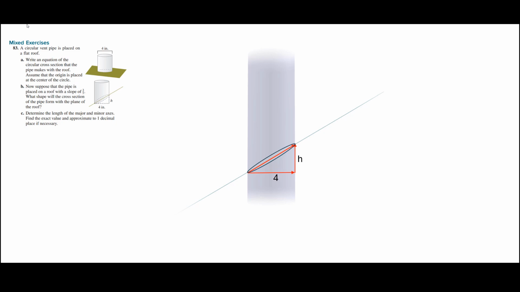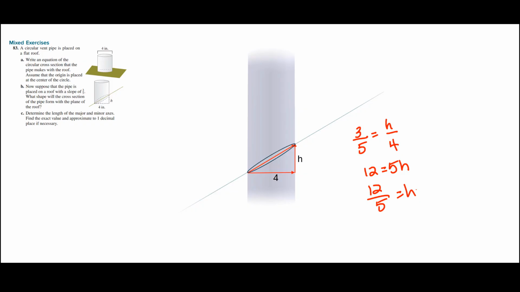So rise over run is 3/5. So rise over run is h/4. This is from point to point on the line, and that would be h/4. So 3/5 is the slope, which should be the same thing as h/4. That is the slope, rise over run. So 12 is equal to 5h, and so 12/5 is equal to h.